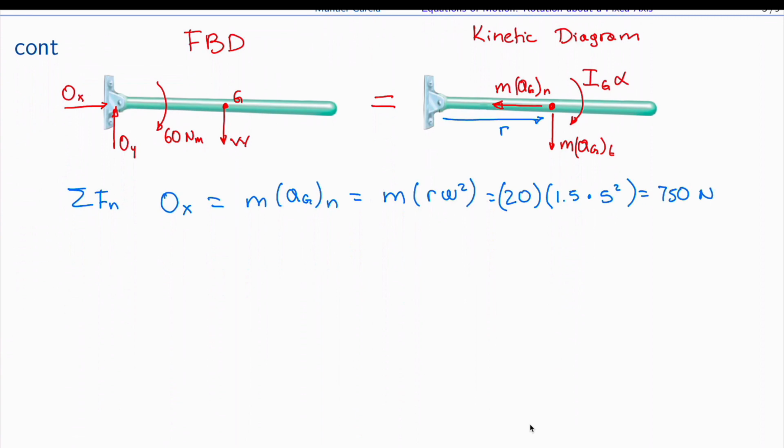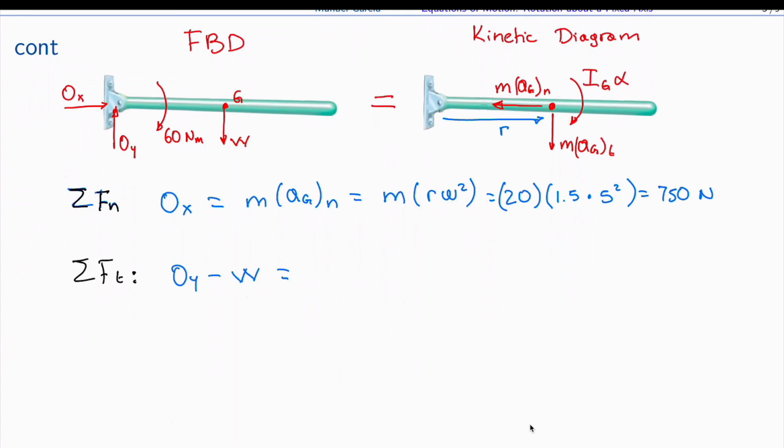Now we have our sum of forces in the tangential direction. Let me change this color. So we have in the y direction, we have this, we have that, and we have that. Okay. In the forces side, so we have OY minus the weight equal.